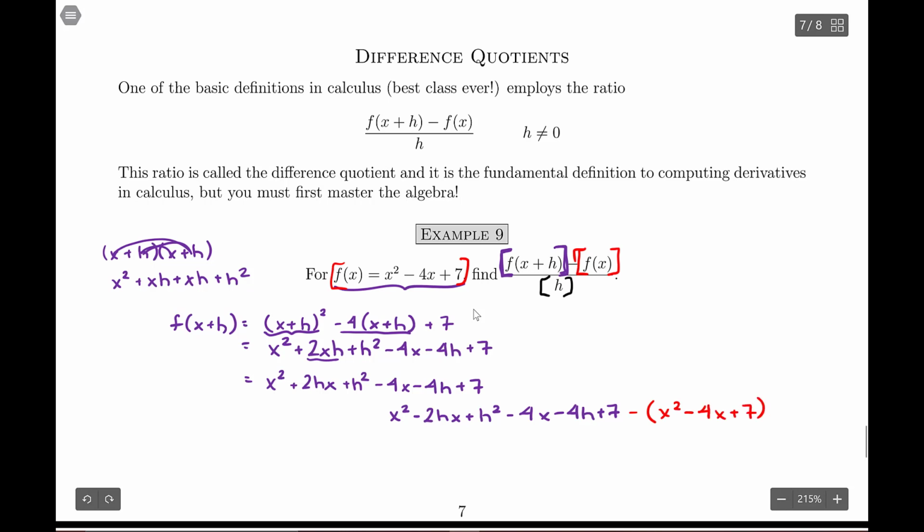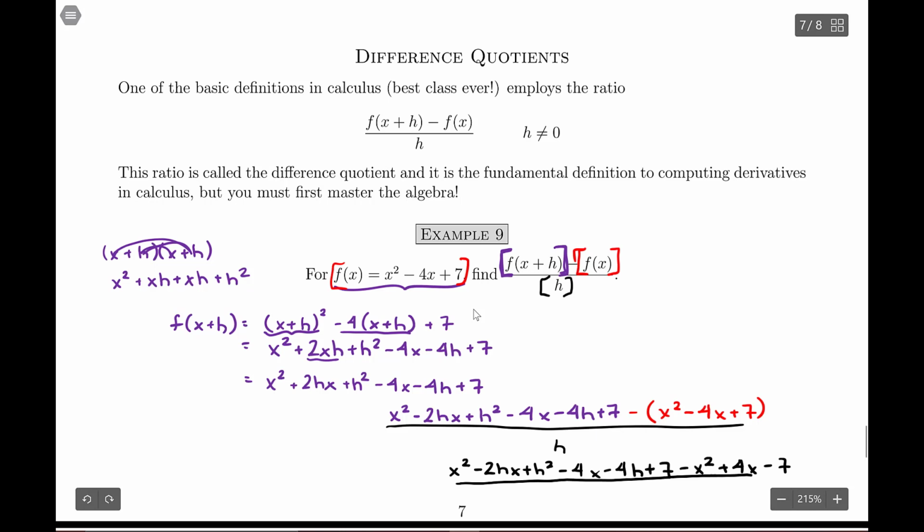And again, I put that in parentheses because you want to be sure to distribute the negative through the entire function. And then when we simplify that, I'm going to stick with black now. The numerator is x squared plus 2hx plus h squared minus 4x minus 4h plus 7. Distribute the negative through the parentheses. Minus x squared plus 4x minus 7, all over h.